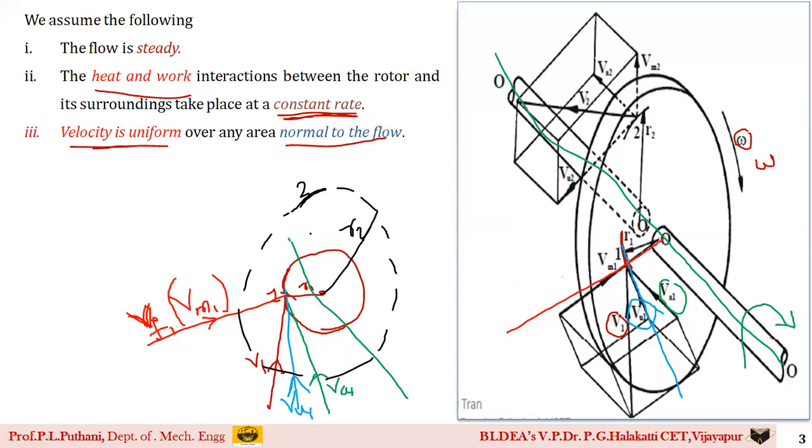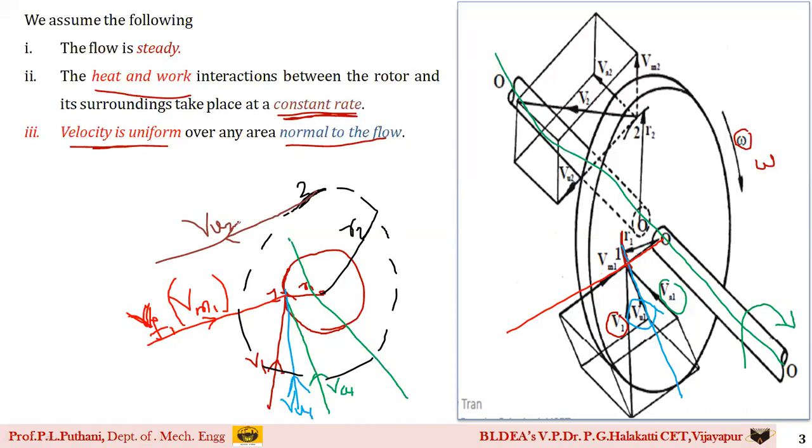If you observe carefully, the tangent which I have drawn to this particular curve, we name it Vu2, that is the tangential component at the outlet side.